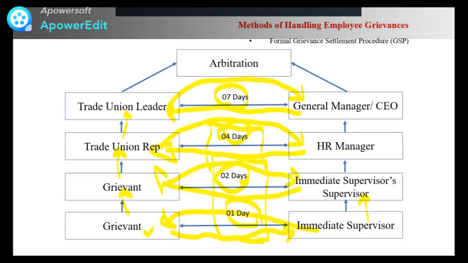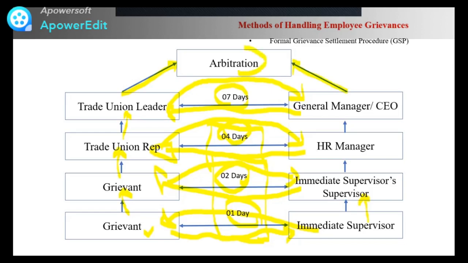If the general manager's solution is not okay, then both parties can present the grievance to the arbitrator. The arbitrator may be a government appointed person or a person selected by both parties.